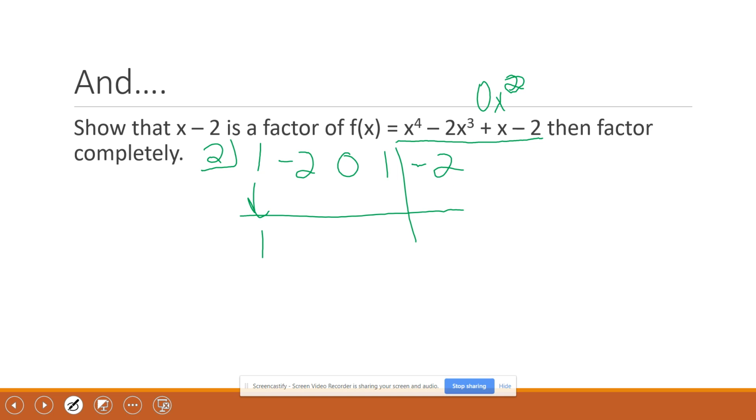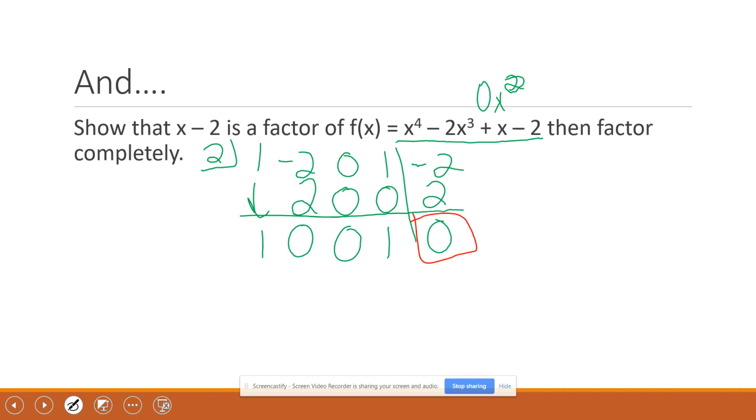Bring down this first 1. 2 times 1 is 2. Negative 2 plus 2 is 0. 2 times 0 is 0. 0. 2 times 0 is 0. 1 plus 0 is 1. 2 times 1 is 2. And negative 2 plus 2 is 0.